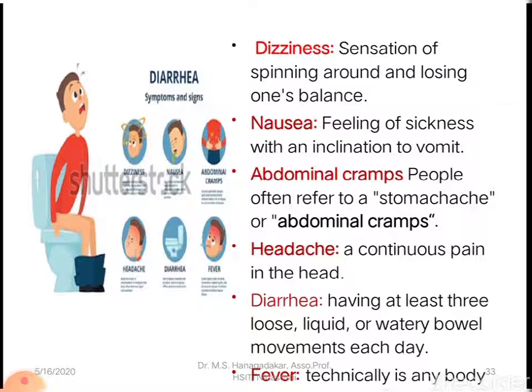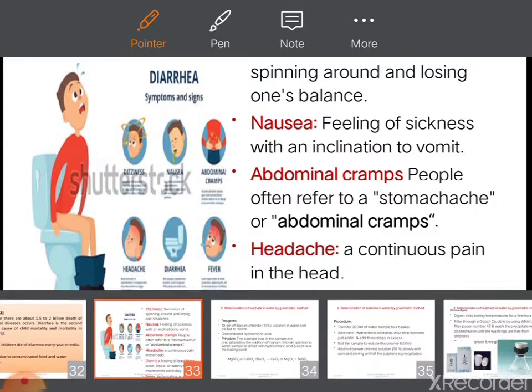Second is nausea, feeling sick with an inclination to vomit. Third, abdominal cramps. People who are suffering may complain of stomach ache. It is also called abdominal cramps.